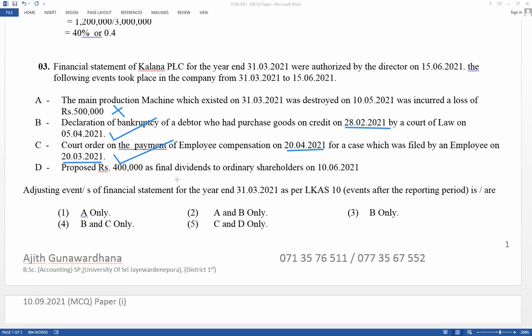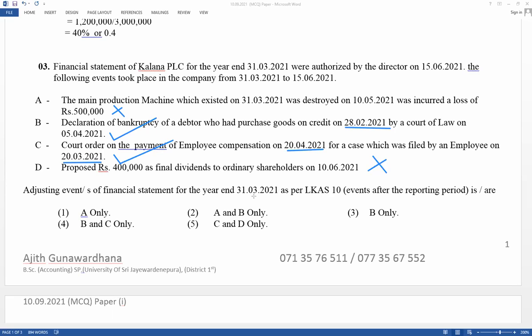But the next one, proposed dividends for ordinary share, it has been given clearly it should not be adjusted. That is the reason we have to include a note in the company financial statements. Non-adjusting events. Proposed dividends for ordinary share, non-adjusting. Therefore, these are the adjusting events in the financial statement for the year ended 31st March 21 as per LKAS 10.